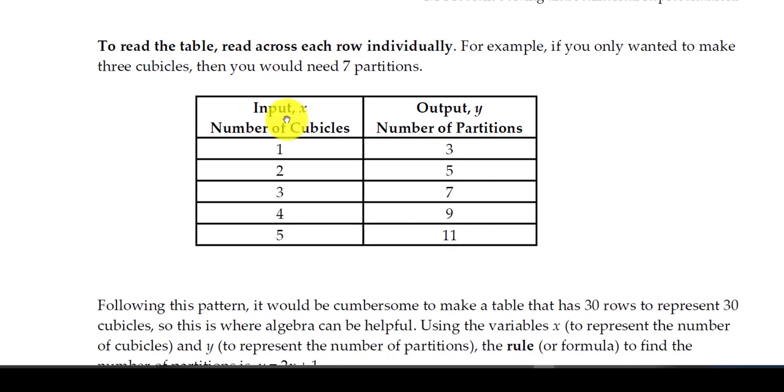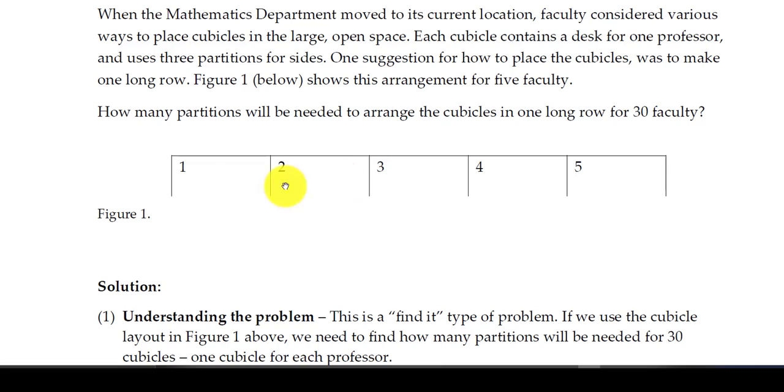So think about this. If I had just one faculty member, you would use 3 partitions. And you can see that in the picture up here, right? 1 faculty member, 1, 2, 3 partitions. But if I had 2 faculty members, I'd have 1, 2, 3, 4, 5 partitions.